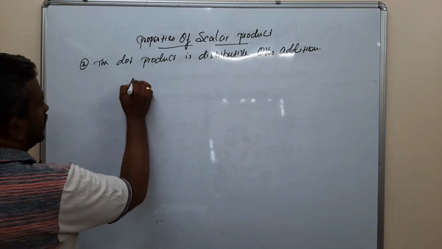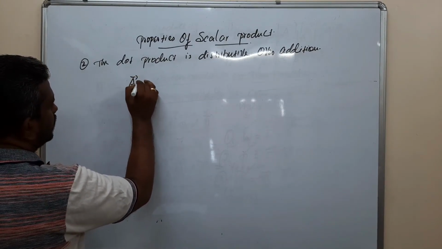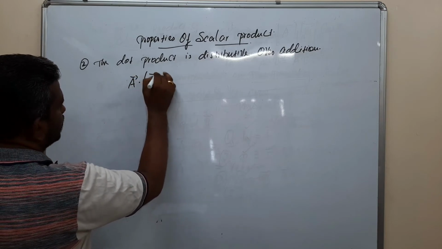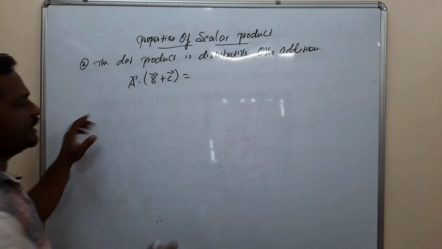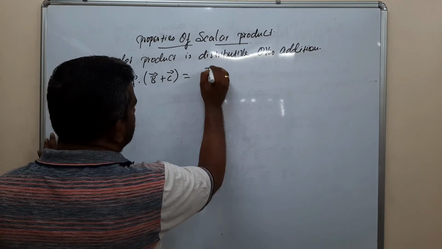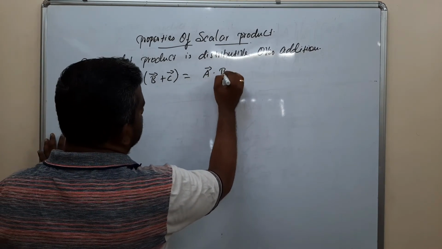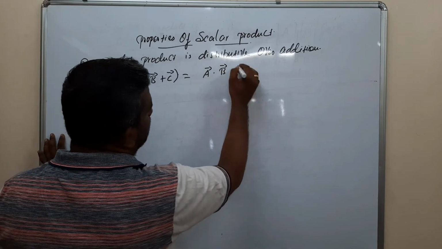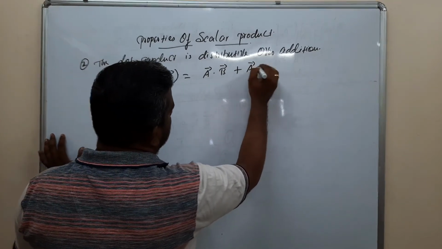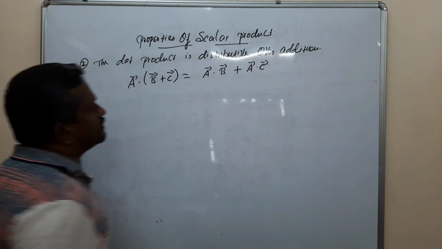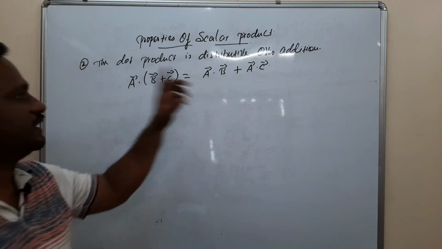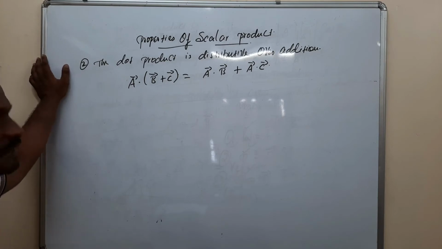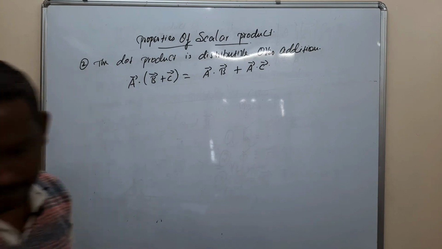That is, A vector dot (B vector plus C vector) we can write as A vector dot B vector plus A vector dot C vector. So the dot product is distributive. That is the second property.